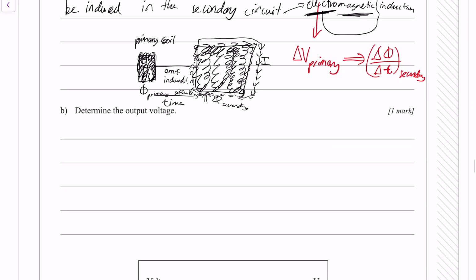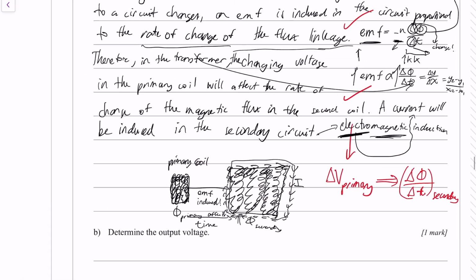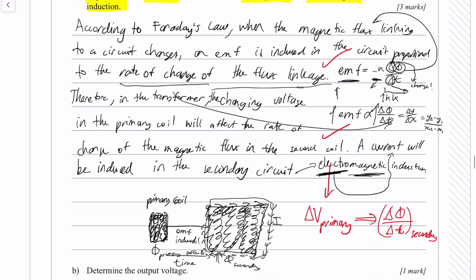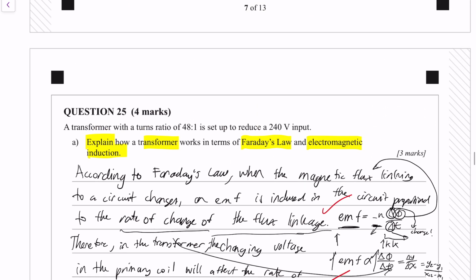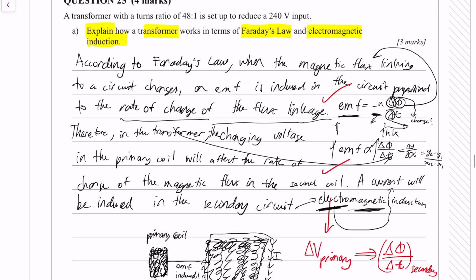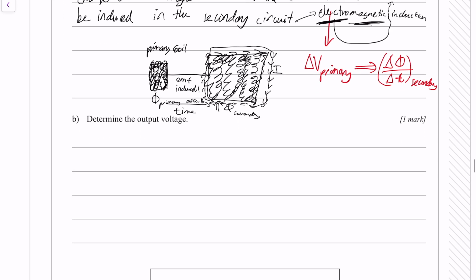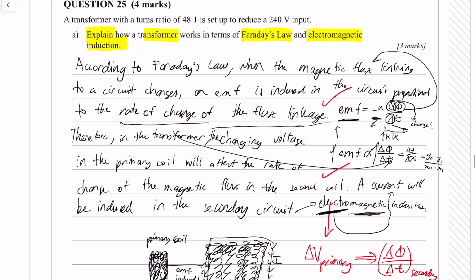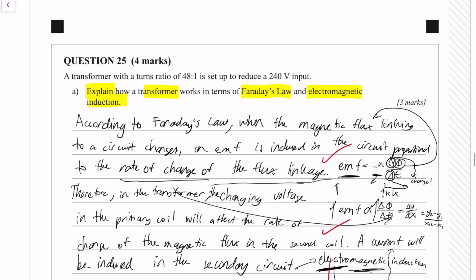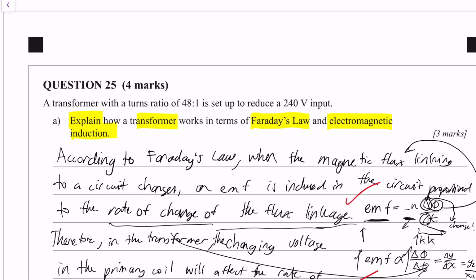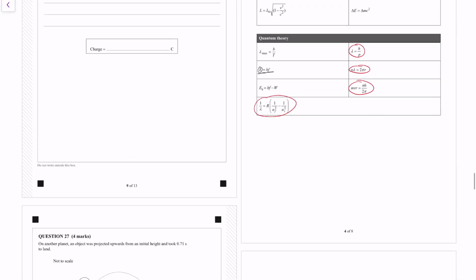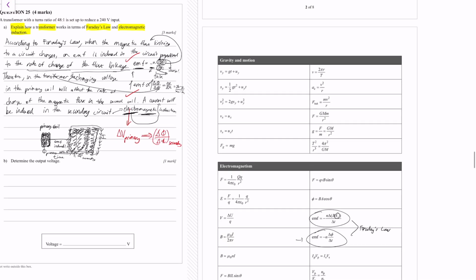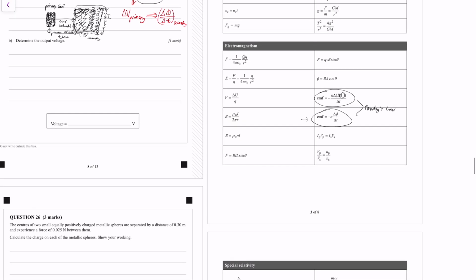Okay, now determine the output voltage. All right, so this one requires us to use a bit of maths now. So let's do the 5Fs out, shall we? So let's say that we have the turns ratio 48:1. So what is that in our formula? If you need to have a quick sneak peek in the formula ahead of time, please do so.